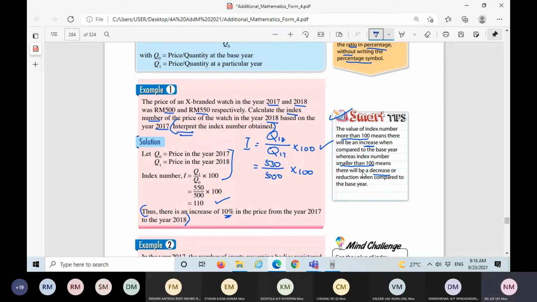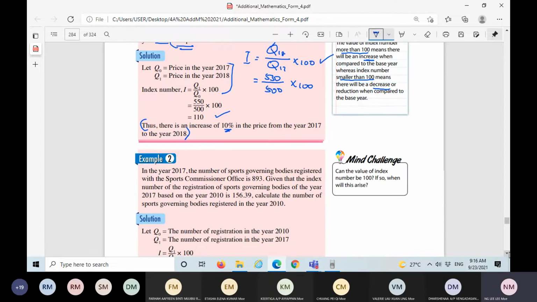So this one you have to know. Then what is the meaning if you have an index number of 100? It means it remains unchanged, no increase and no decrease. Okay, we look at example 2.